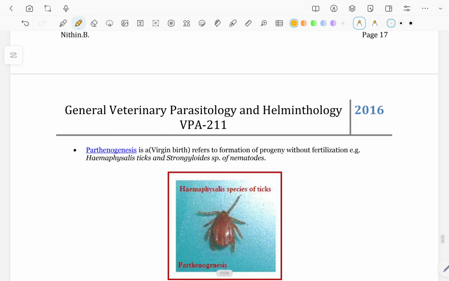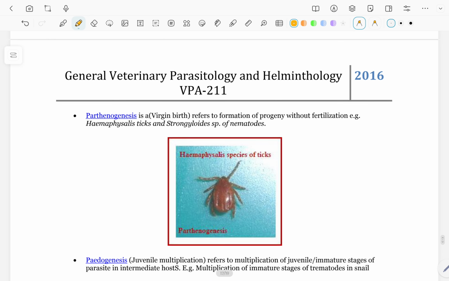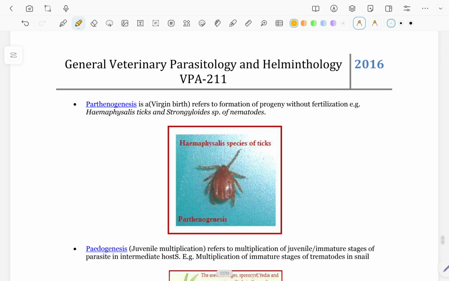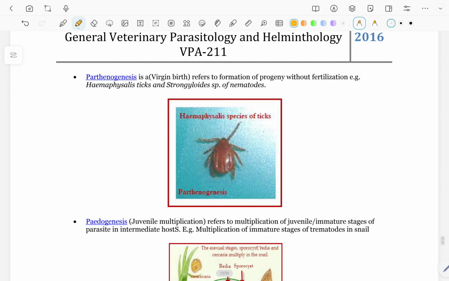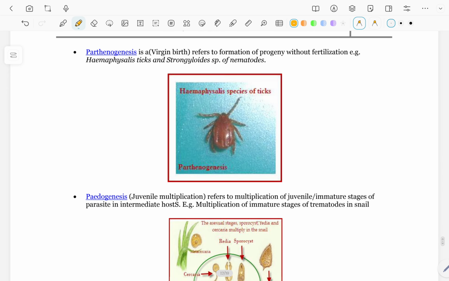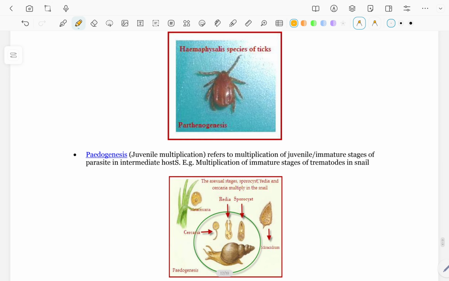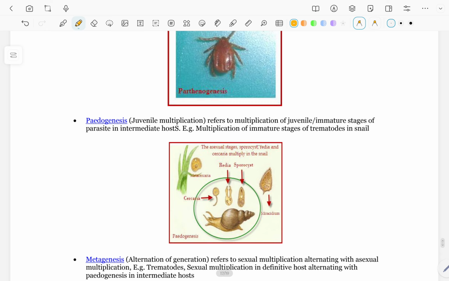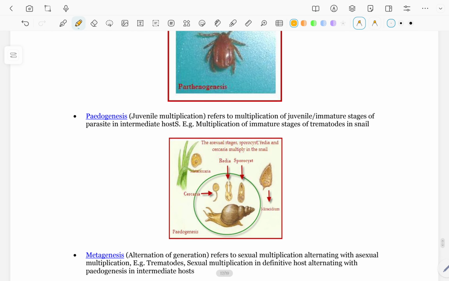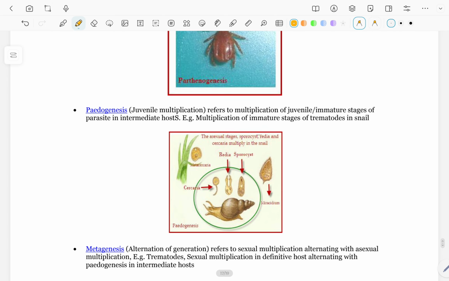Parthenogenesis, or virgin birth, refers to formation of progeny without fertilization. Example: Haemonchus and Strongyloides species of nematodes. Pedogenesis, juvenile multiplication, refers to multiplication of juvenile or immature stages of a parasite in the intermediate host.